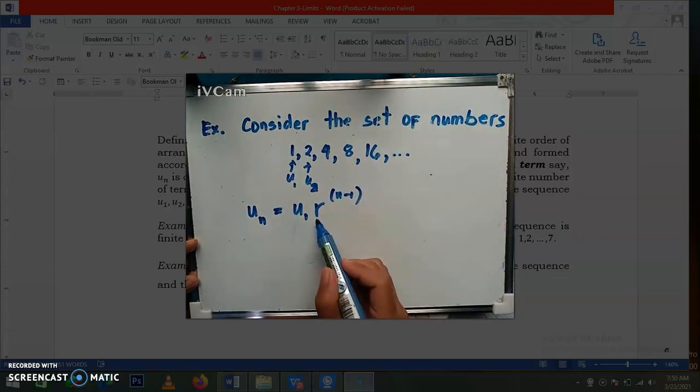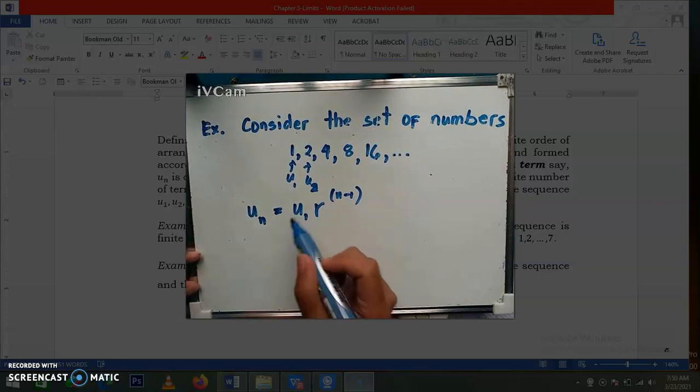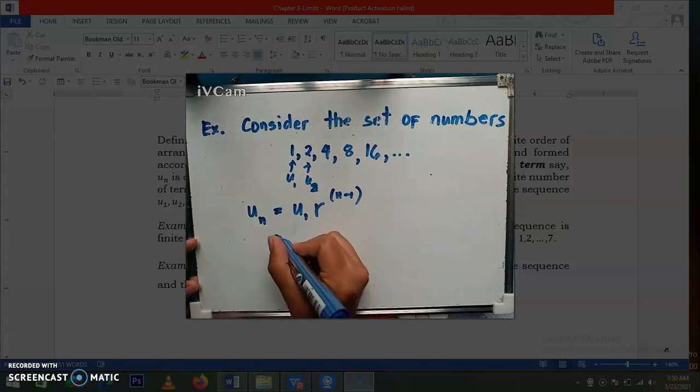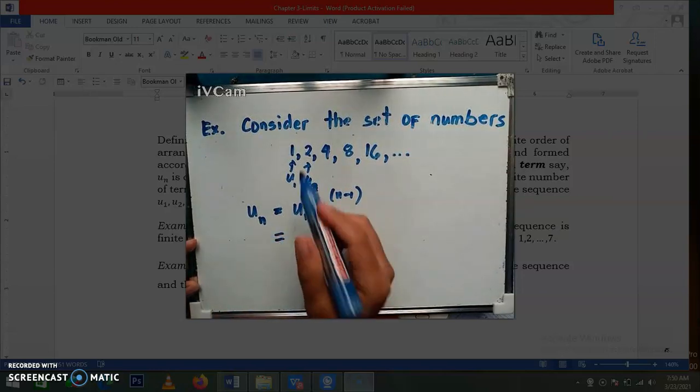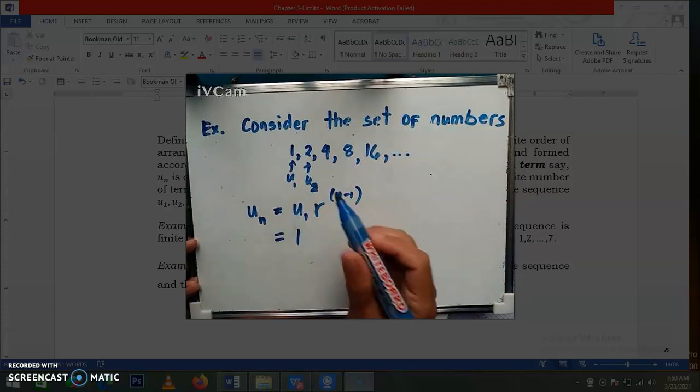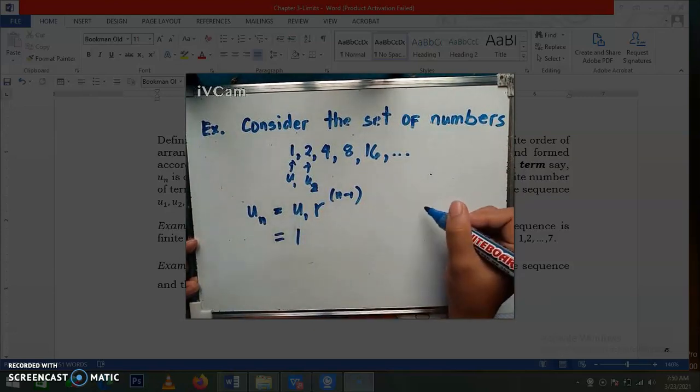So r here is the common ratio between two consecutive terms. So it means we are going to divide the two consecutive terms. Then the common number there is the common ratio, which is r. So u sub 1 here, the first term, is 1, and then the common ratio is what?